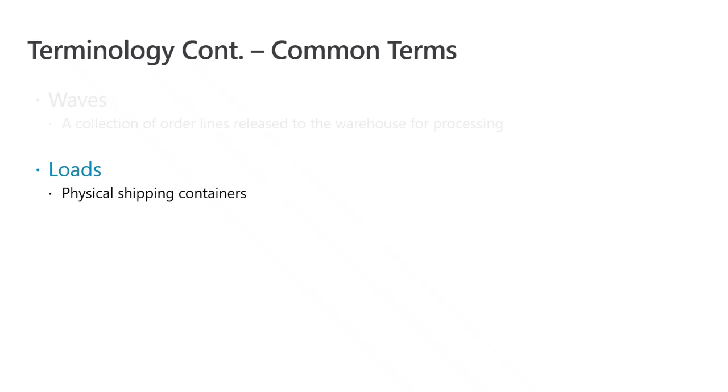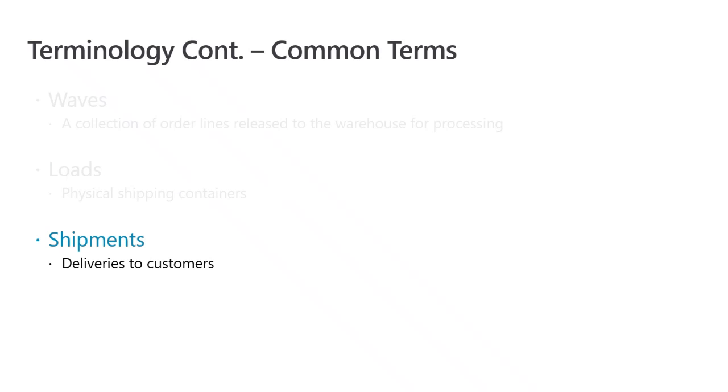And then a load or loads are our physical shipping containers. So think of this as a tractor trailer that you would ship product out of your warehouse on. And then for shipments, these are individual deliveries to a specific customer or specific delivery address.